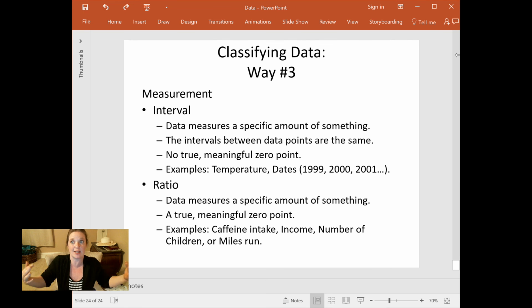It's more quantitative, where you're keeping track of the specific amount of something, and you want to keep track of it specifically because when you give someone a number, you want to make sure the differences between the numbers you're giving people are the same no matter where you are on the scale, right?